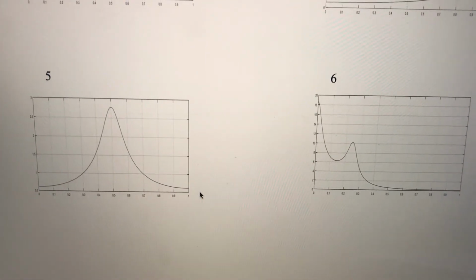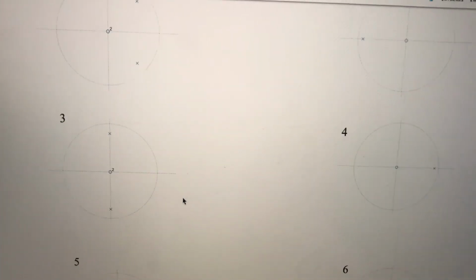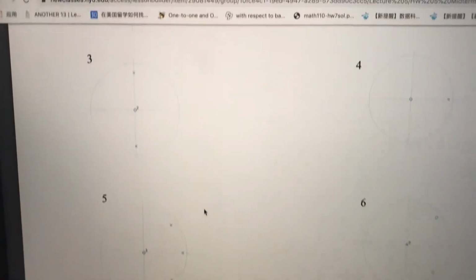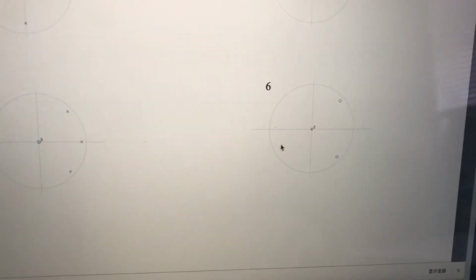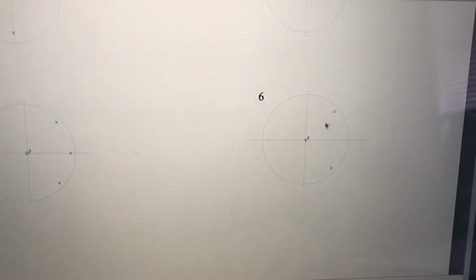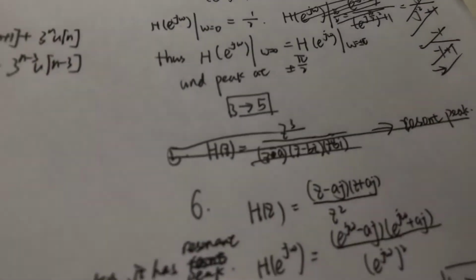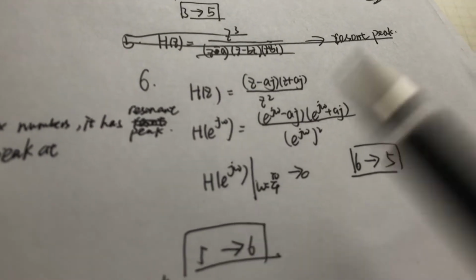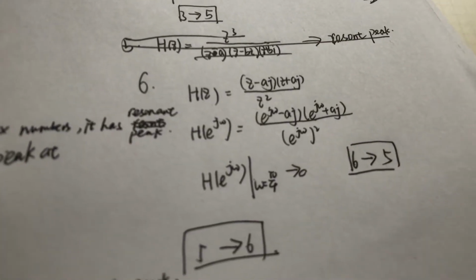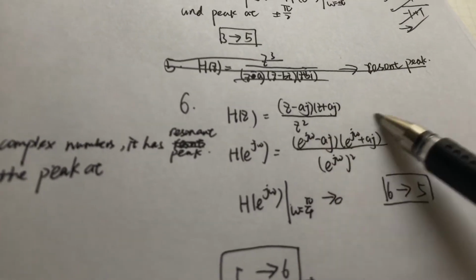So let's try to figure out diagram 6. For this one, we have two zeros, two poles, so I try to find an equation like this one. You could say that when omega equals pi over 4, this part is equal to 0.